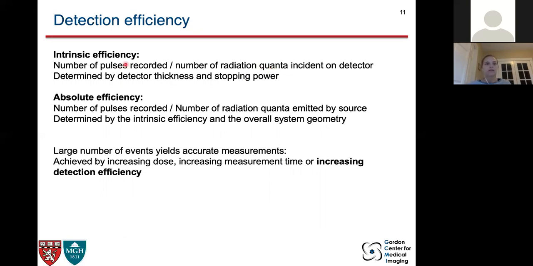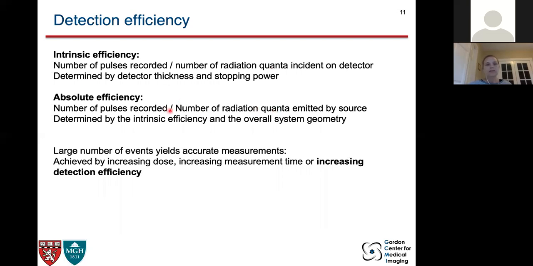So the intrinsic efficiency will depend on the material that you use. It's determined by the detector thickness and the stopping power of the material in use. And then we have the absolute efficiency, which is the number of pulses that we record divided by the number of radiation quanta emitted by the source.